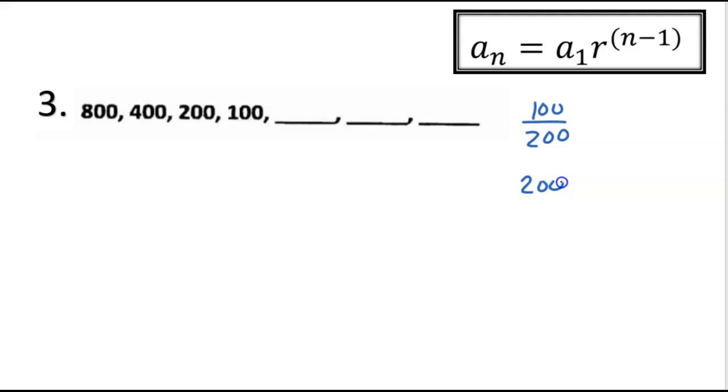You take the 200 and divide by the number in front of it, which is 400. You take the 400 and you divide by the number in front of it. What do you get when you take 100 and divide by 200? What do you get when you divide 200 by 400?